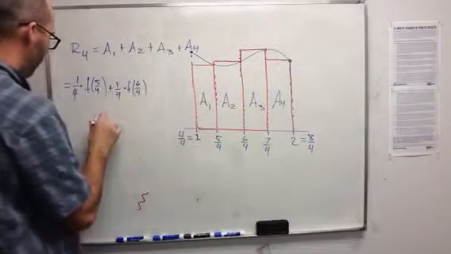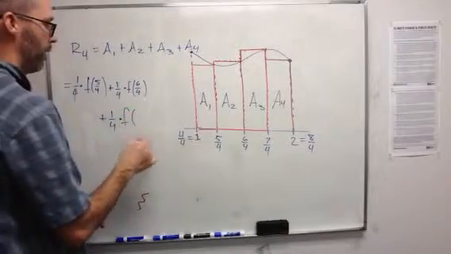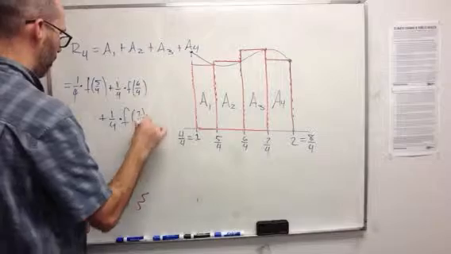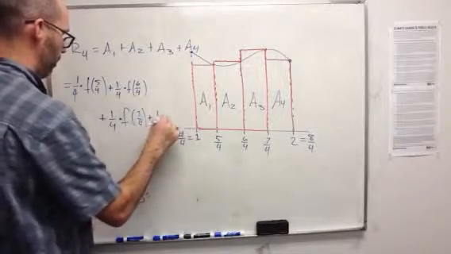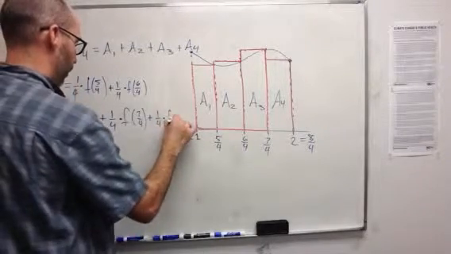Again, let's keep adding. We add again, a fourth times f of 7/4, and now f of 2.